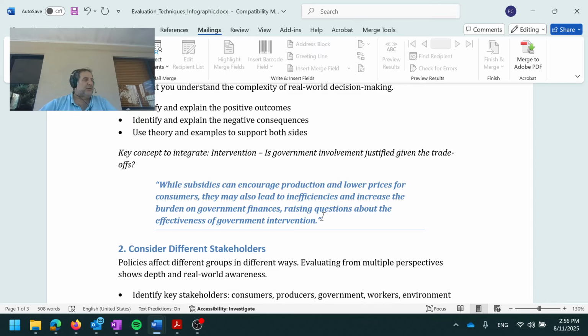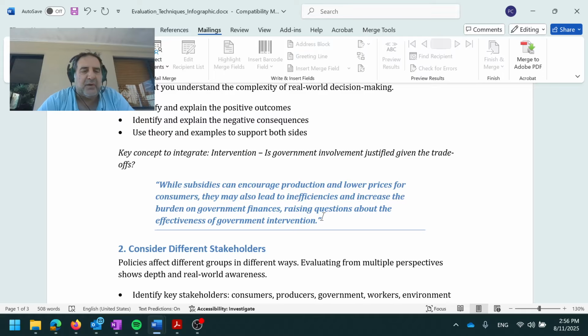And in the case where you're looking at policy, obviously intervention is a very strong key concept to bring in. So you can always talk a little bit about intervention and the degree of intervention that may be required to resolve an issue.